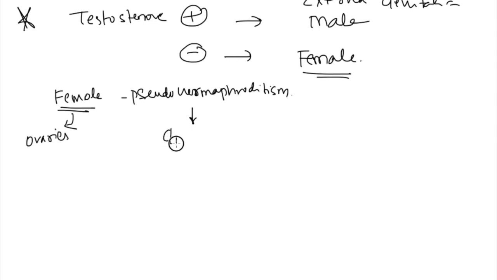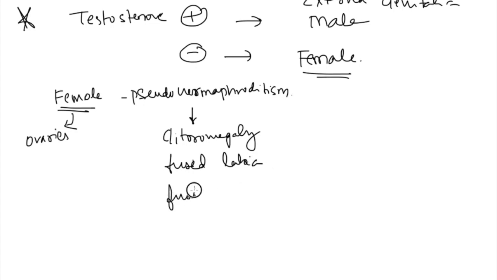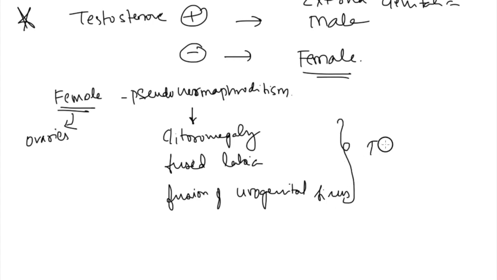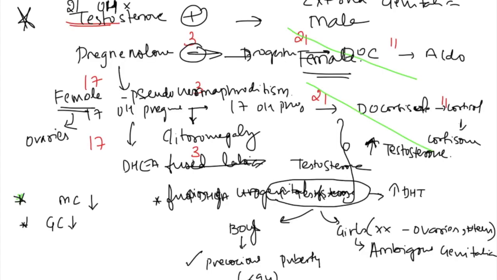So they'll have clitoromegaly, then fused labia, and there will be fusion of the urogenital sinus. These are all features in between male and female, correct? This is all because of excess testosterone or androgen during development in the female fetus. That is ambiguous genitalia in a female fetus.